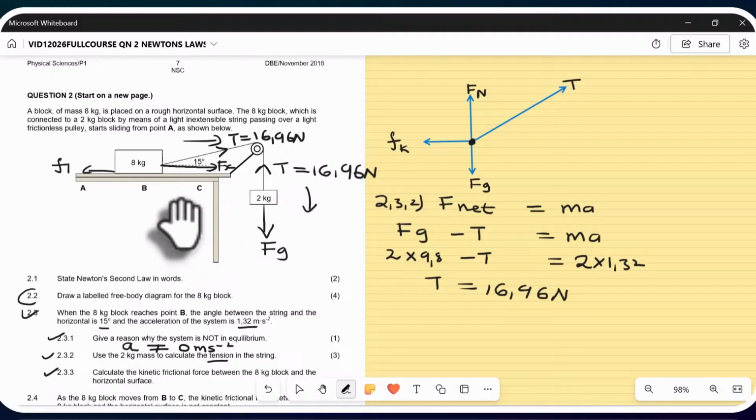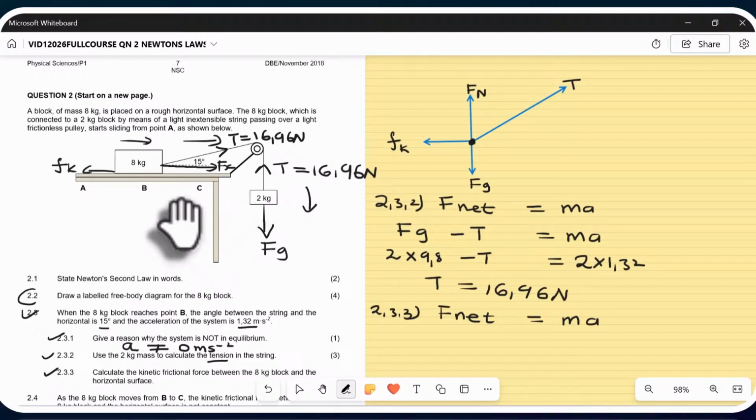2.3.3, again I use Newton's second law, F net equals ma. When I substitute, Fx, that is the horizontal component of the tension, minus the kinetic frictional force Fk, equals 8 times the acceleration.